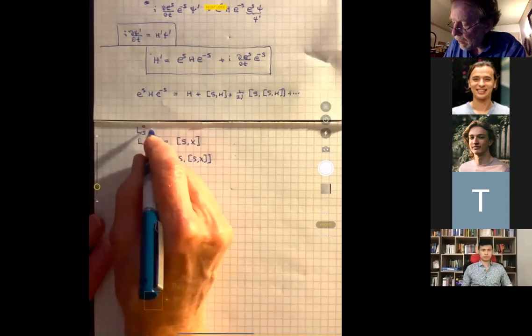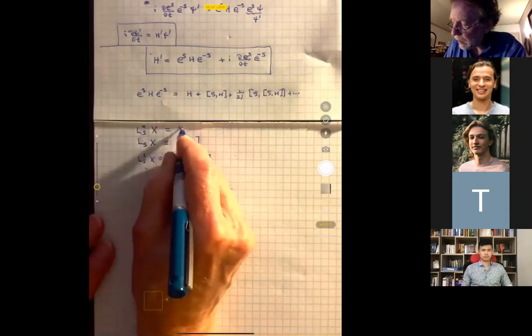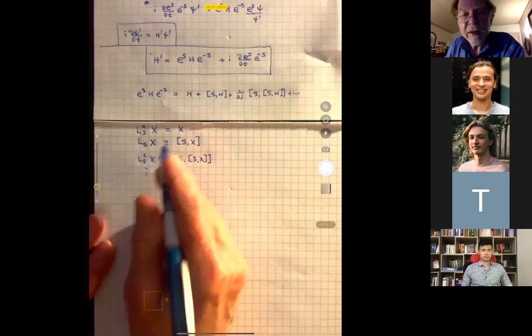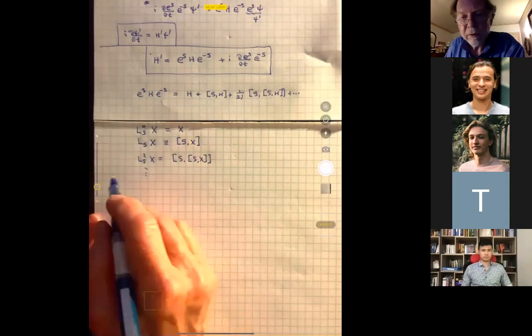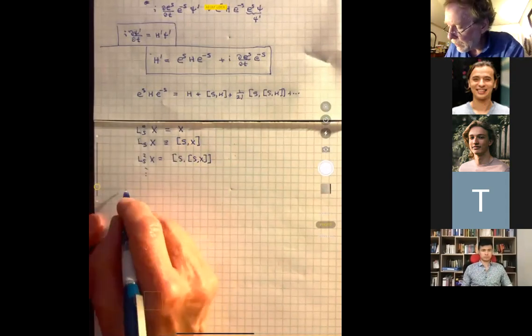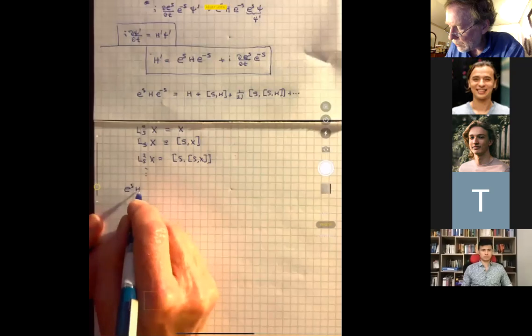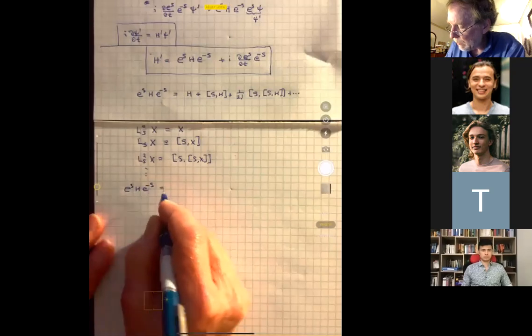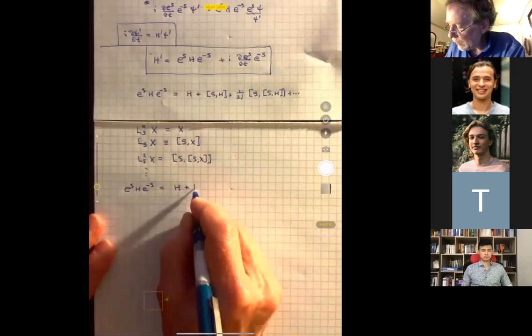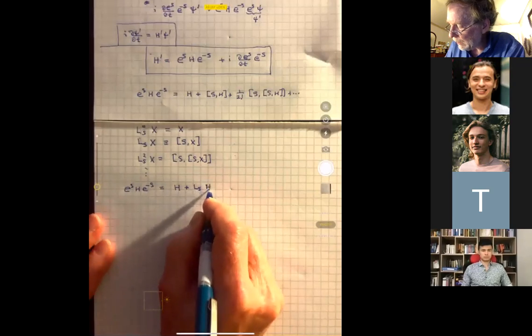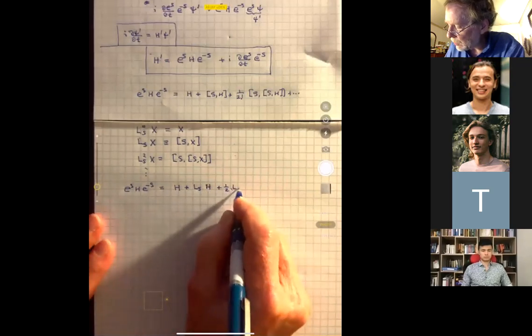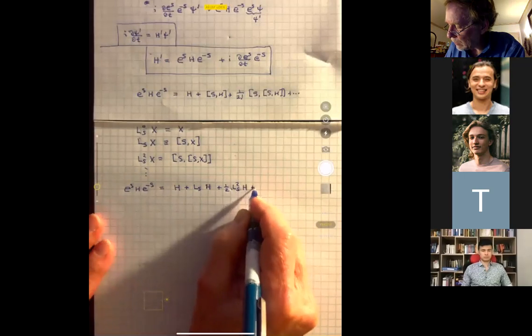L_S to the 0 power acting on X, we'll just say that's X alone. So L_S to the 0 power just is identity. Let's use this notation. Then e to the s times h times e to the minus s becomes equal to h plus L_S acting on h plus 1/2 L_S squared acting on h plus higher order terms.